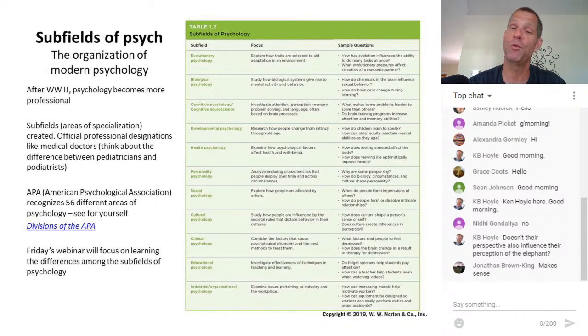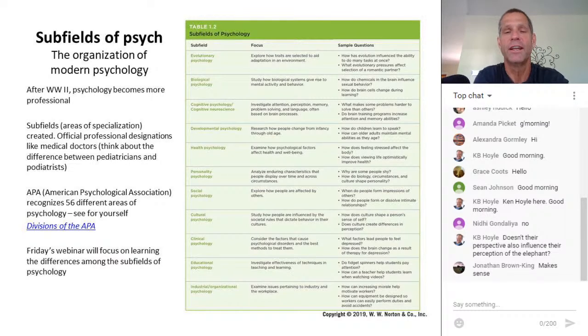And finally, if you really want to make money, you go to NC State and get an industrial organizational psychology PhD, and you use what we know in psychology to help make the workplace more effective and more profitable for businesses. And so these are the basic ways that you can do psychology, basic subfields in psychology.